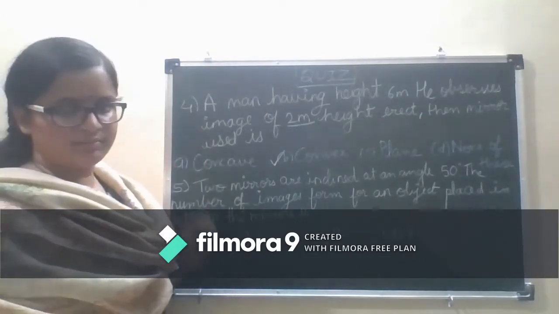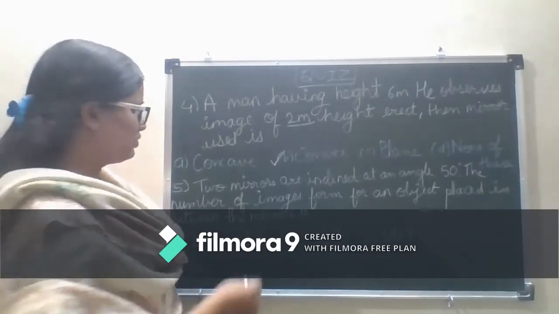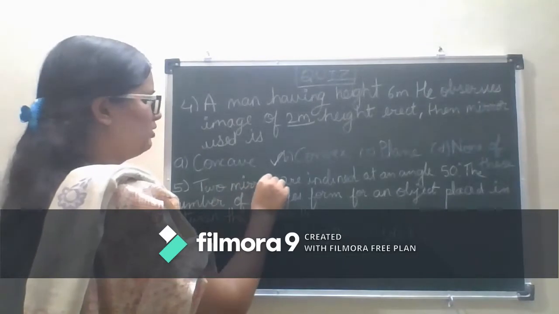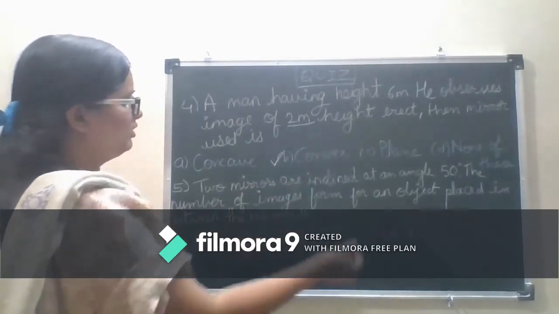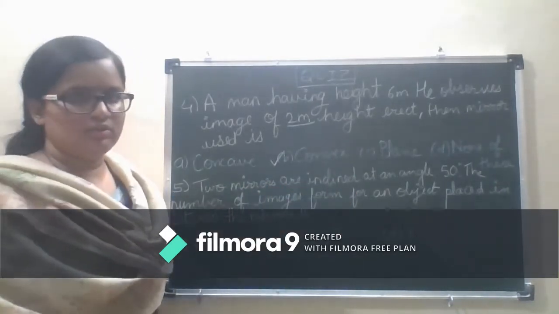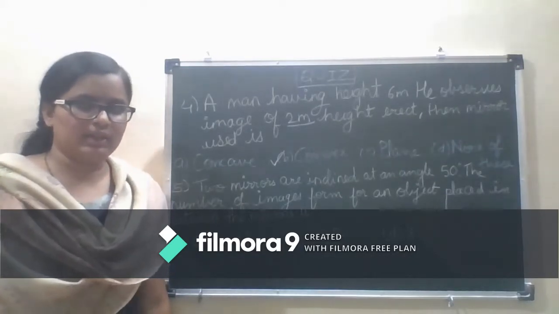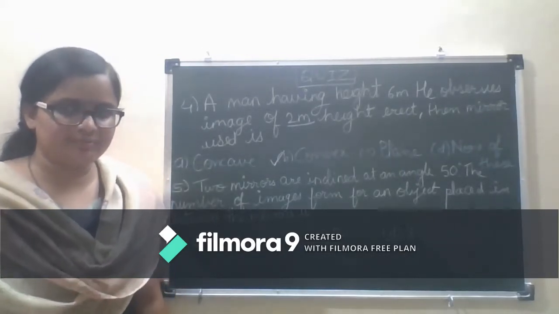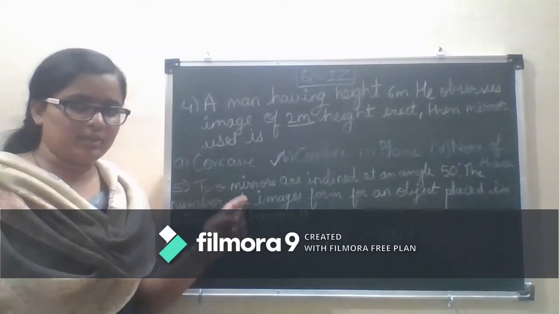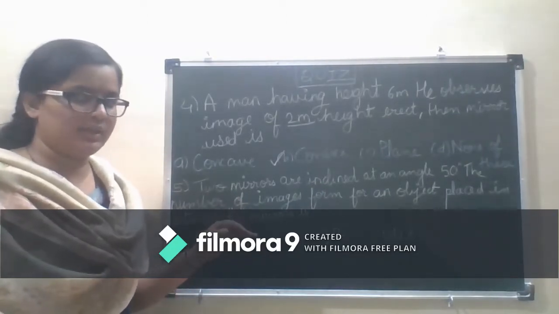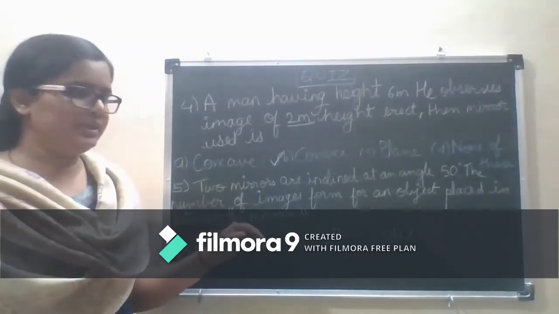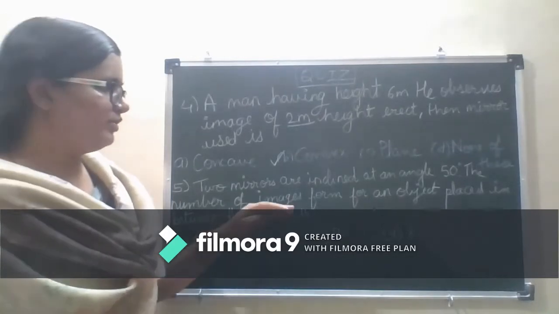Using this convex mirror, he can see the image. Next, we will see two mirrors inclined at an angle. Just now we saw how the angle of inclination works. In the same manner, two mirrors are inclined at an angle of 50 degrees.